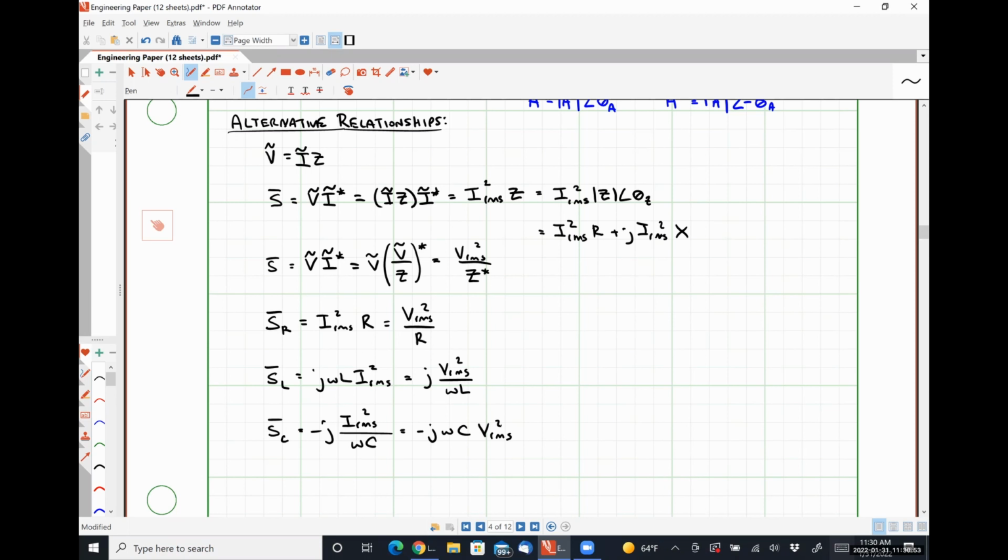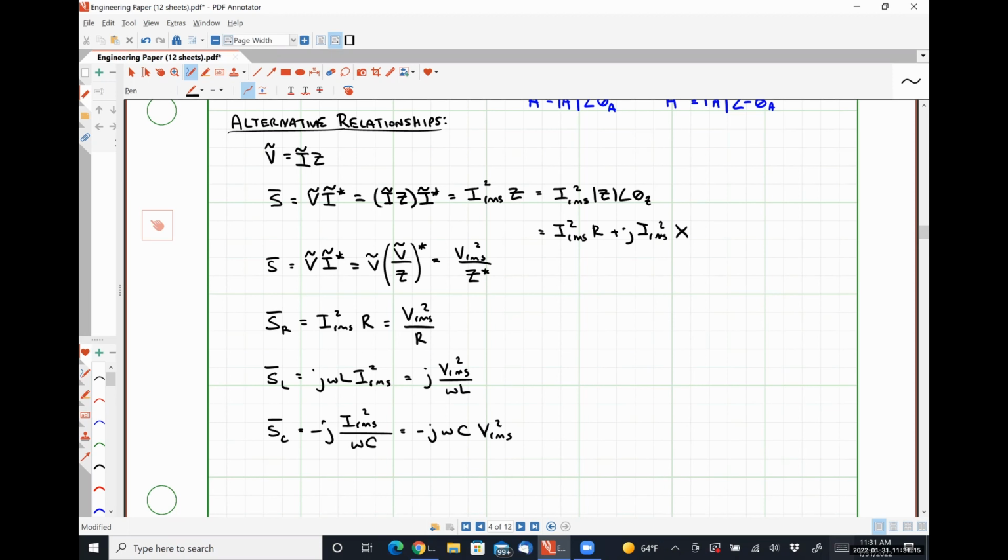Resistors only absorb average power, right? Because there is no imaginary part to either of those relationships. Inductors absorb reactive power only, right? Because we have a positive J based relationship.